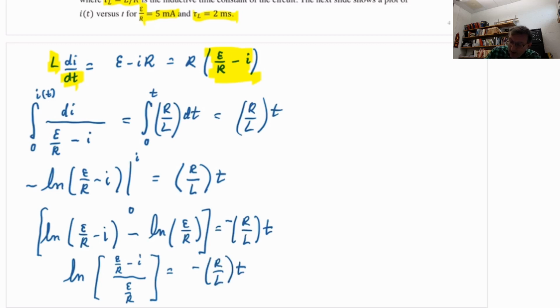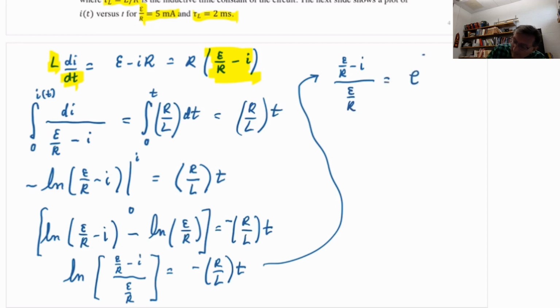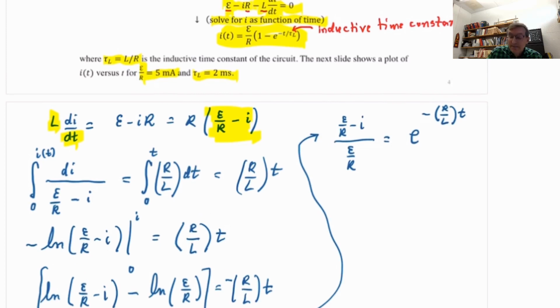Then I want to solve for I, so let me take the anti-log of each side, the exponential. All right, and then I'm not going to do this last step. It's just algebra.